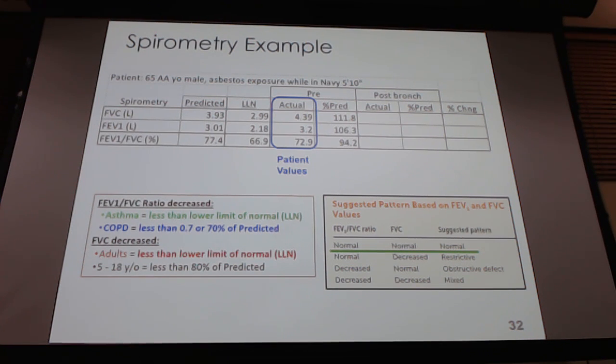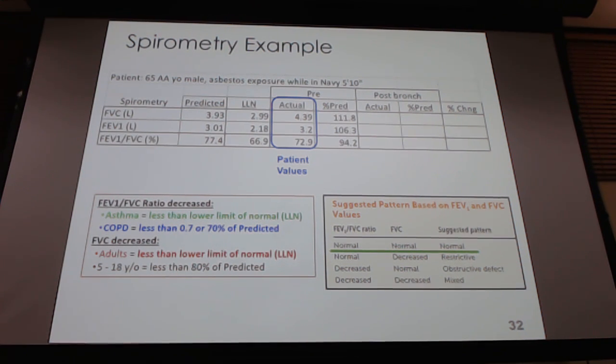The FVC for the patient was 4.39, that's above this. The FEV1/FVC ratio was 72.9, it's above this. So this was normal. I love how they put suggested. In medicine, you always need to leave yourself an out. It's just suggested.